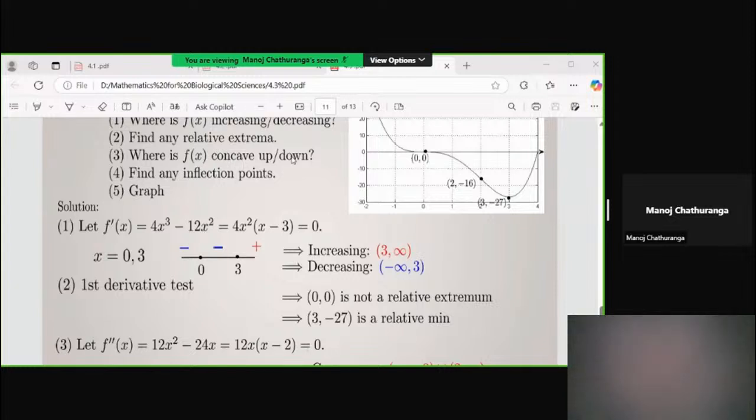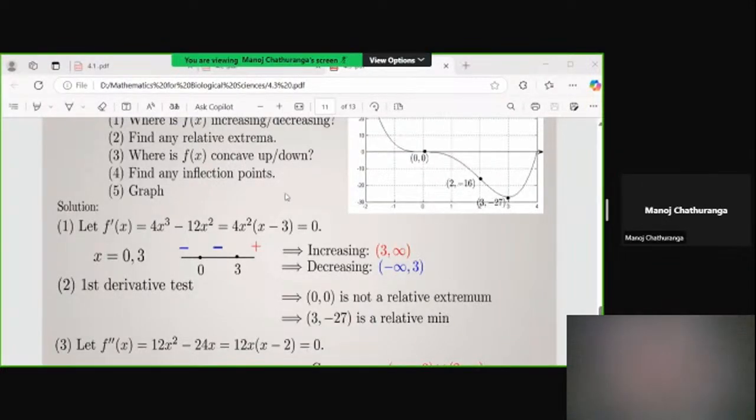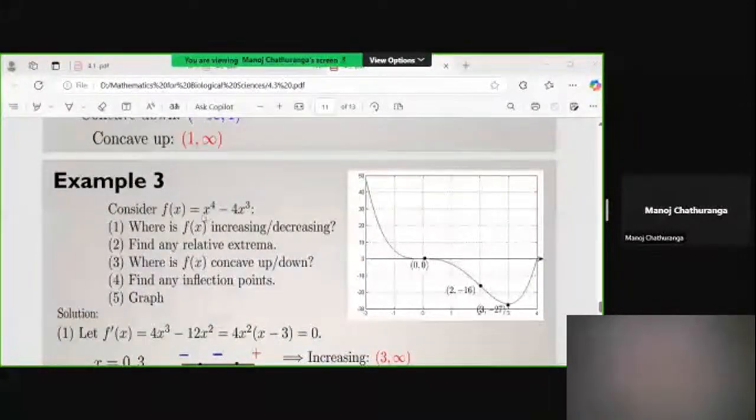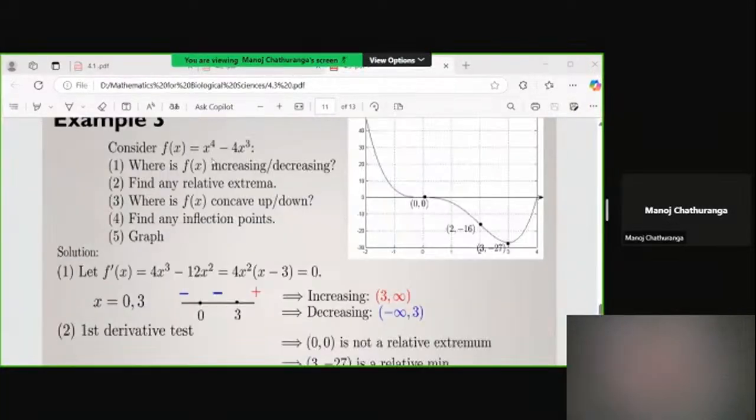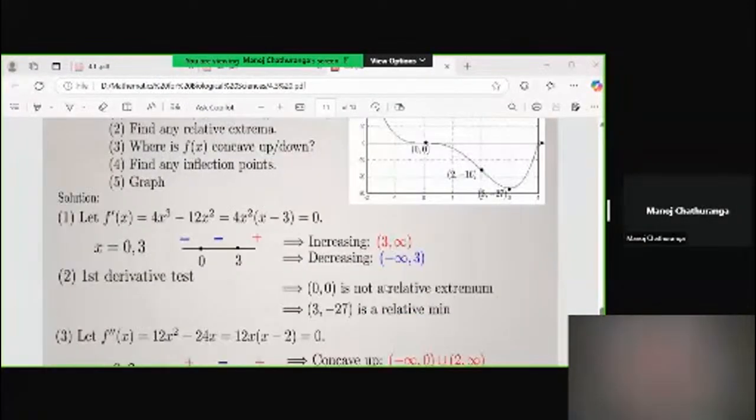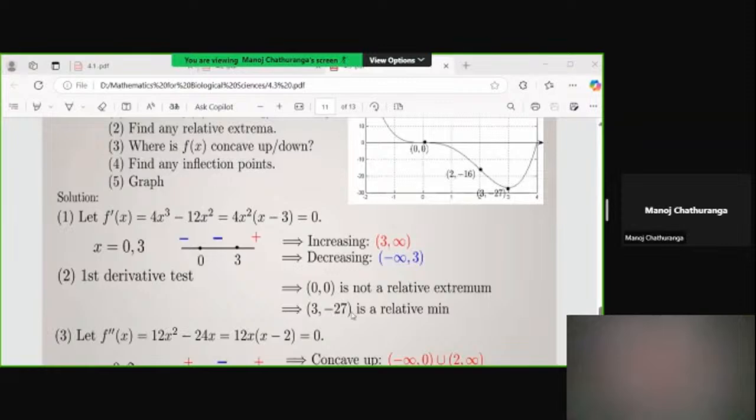So 3 is a relative minimum, and you can evaluate the function at 3 using this formula to find the y coordinate. The power is 81 minus 4 times 27, simplified, and it is minus 27. So this is a relative minimum.